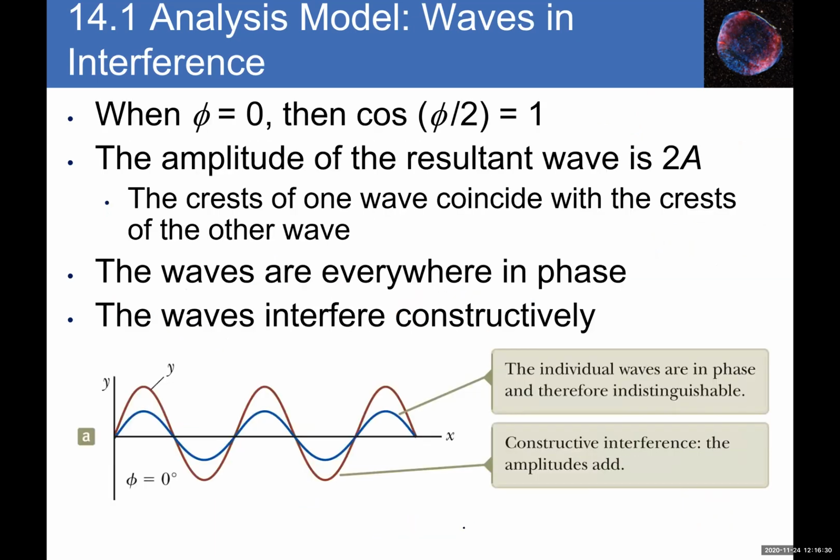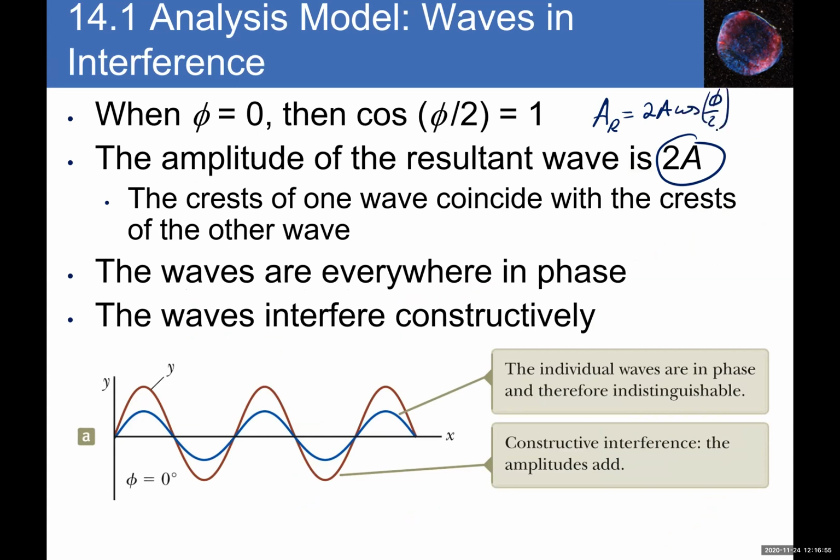So think like this. When this quantity phi is 0, then cosine phi over 2 is equal to 1. So when phi is 0, cosine phi over 2 is 1, which means the amplitude is just 2a, because remember, the amplitude for the resultant wave is 2a cosine phi over 2.